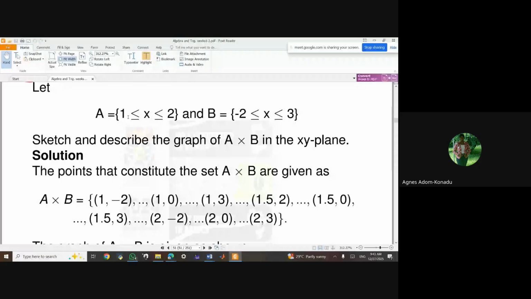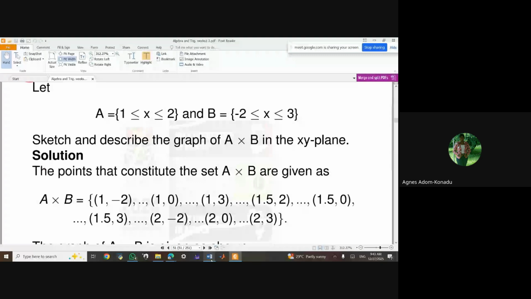So we are talking about numbers greater than 1, like 1.1, 1.05, and then 1 itself. We are not looking at only the integers 1 and 2, but numbers greater than or equal to 1 and less than or equal to 2. Are you okay?